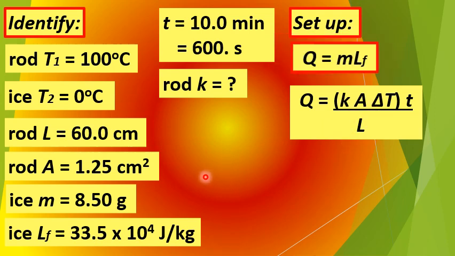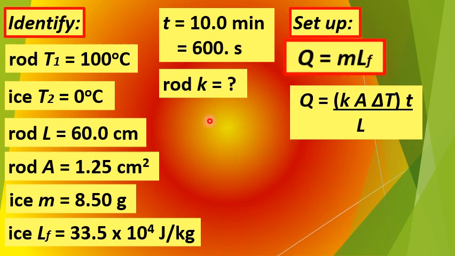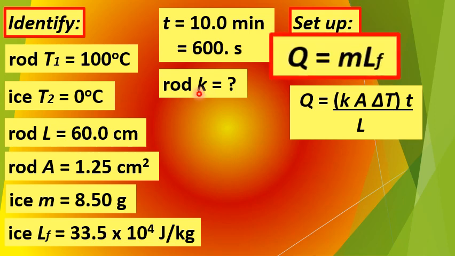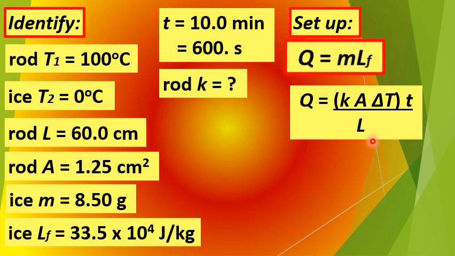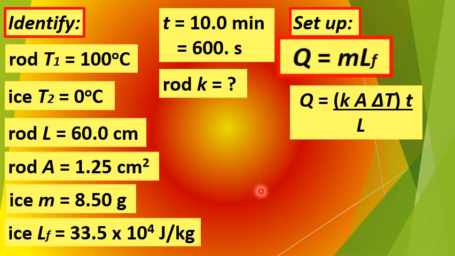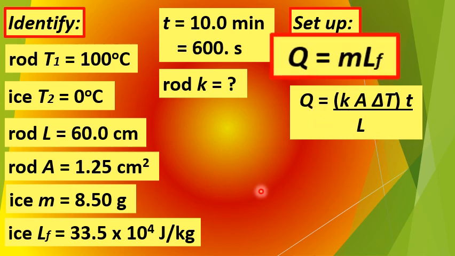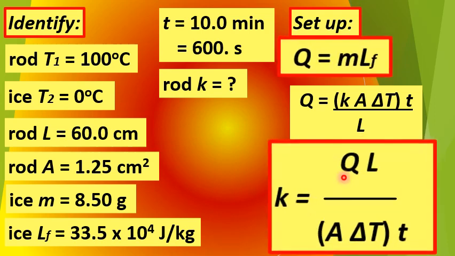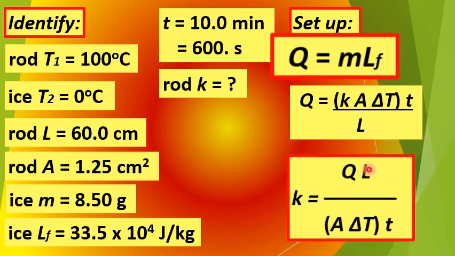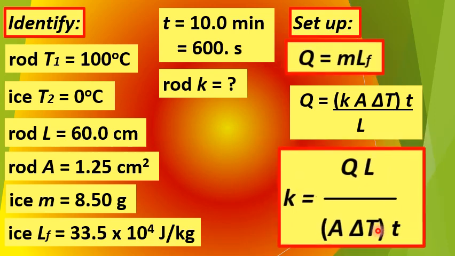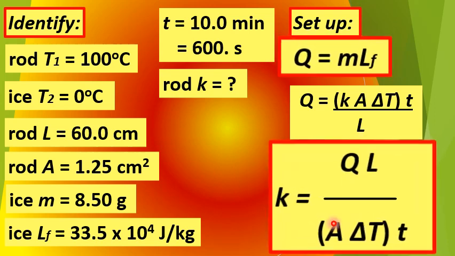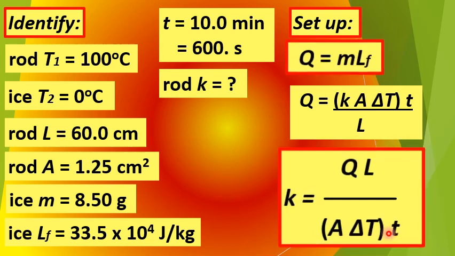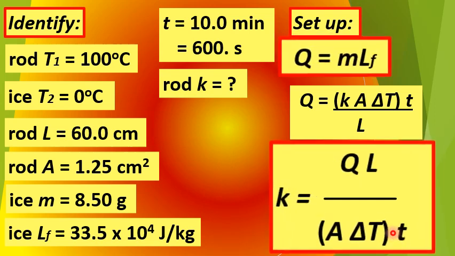What we want, in finding the value of the thermal conductivity constant K, is to isolate this formula and come up with a working formula for the constant K, which is simply equal to the product of Q and the length L, all over the cross-sectional area A times the change in temperature, capital delta T, and the time small letter t.